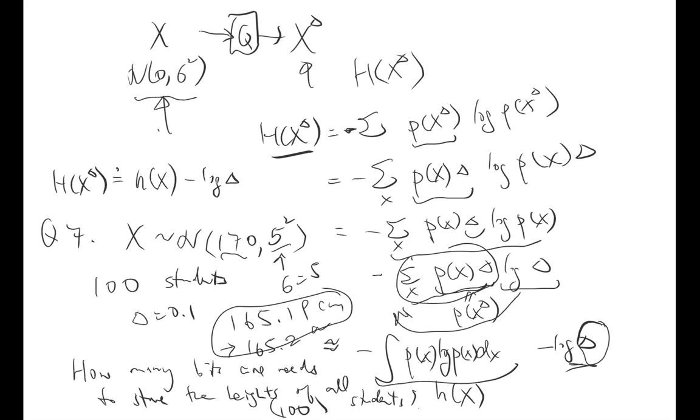I don't know what kind of compression you're going to do. The precision I want to store is up to 1 decimal place, so delta is equal to 0.1. How many bits are needed, in theory, to store the heights of all 100 students? That would basically be the entropy.